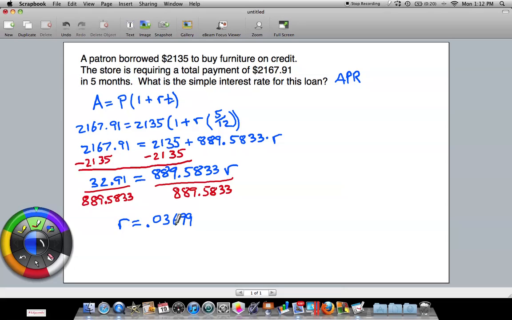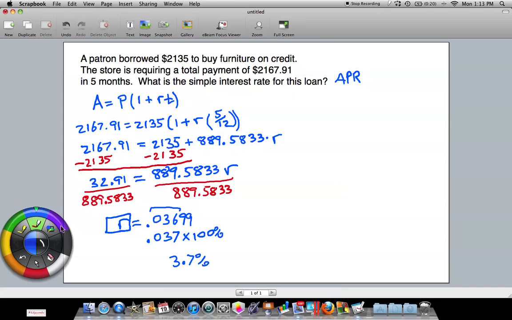Usually with interest rates, you want to keep 3 decimal places. So if I try to keep 3 decimal places, this turns into 0.037. And since we're solving for r here, which has to do with interest rate as a percent, we might want to change this into a percent. So we're going to multiply it by 100, and we're going to get 3.7%. Now that's one way of solving this problem.